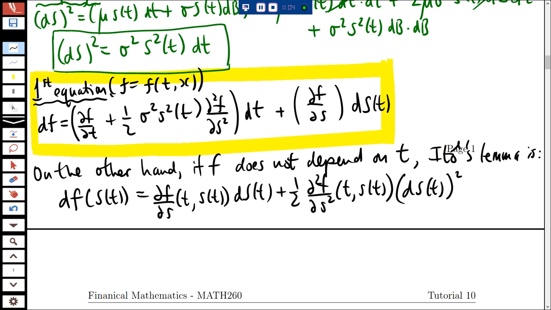Okay, so that is the second equation coming from Ito's lemma for the function only depending on s.